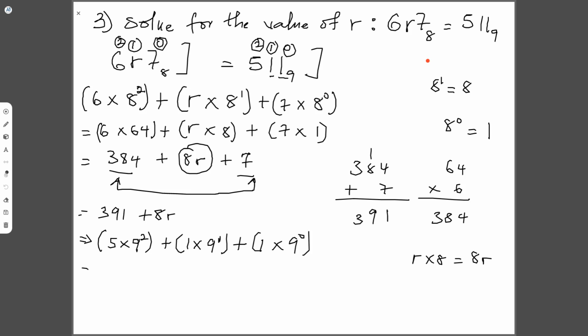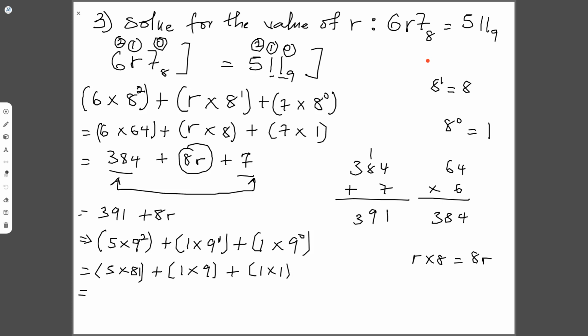So we have, open the bracket, 5 times 9 raised to the power of 2. 9 raised to the power of 2 is 9 times 9. That's 81. Plus 1 multiplied by 9, plus 1 multiplied by 9 raised to the power of 0, which is 1.